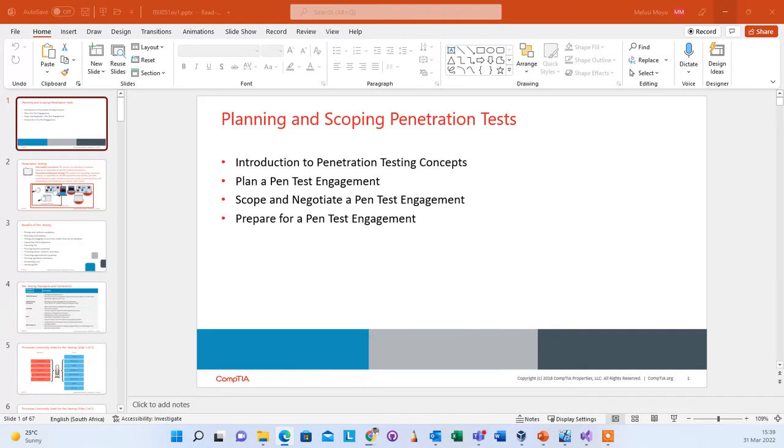So we're gonna break it down as to what that means, right? First, planning and scoping a penetration test: an introduction to penetration testing concepts. We're gonna go through the concepts of pen testing and try to break them down. And then plan a pen test engagement. You got to plan for that, scope and negotiate a pen test engagement, and prepare for a pen test.